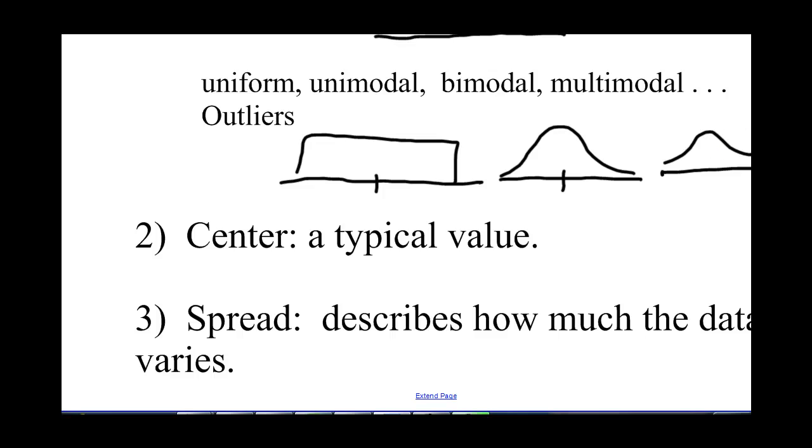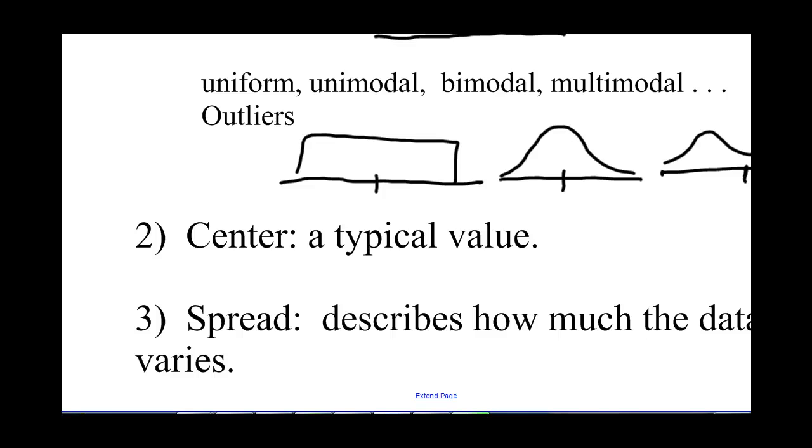And for this data set, my center would be somewhere right between the two modes. Notice this data set here does represent a symmetric distribution. You also want to describe the spread, how much the data value varies, and we usually use the range or the interquartile range, two terms that you should be familiar with at this time.